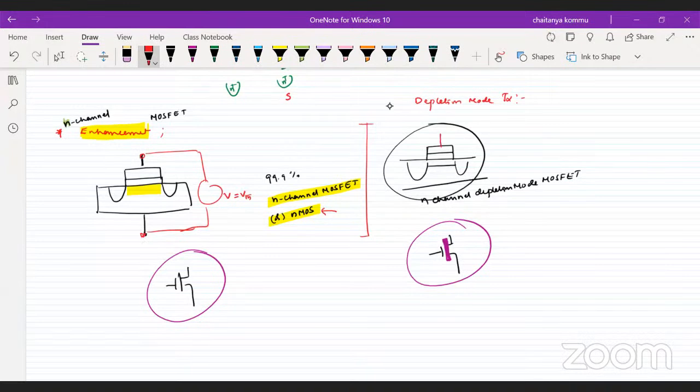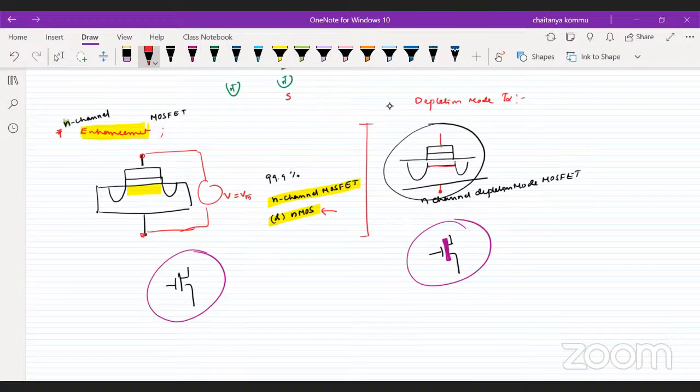But here in the depletion type, we have to apply the potential difference between the metal and semiconductor to make the channel disappear. By applying the potential, we can remove the channel. So we use it in the opposite way compared to the enhancement type of transistor.